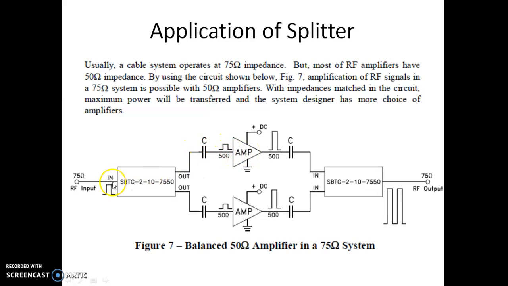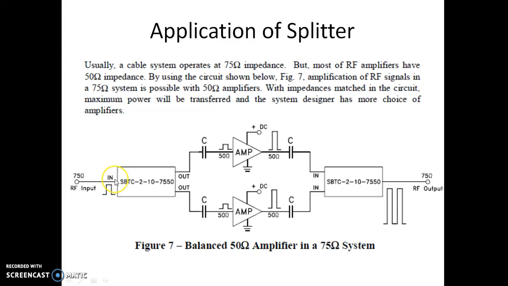So we need to pass it through a splitting circuit whose output impedance is 50 ohm and 50 ohm. Since this is the output of the splitter circuit, whose output impedance is 50 ohm, it can be perfectly matched with this amplifier of 50 ohm here. Now we can say this is 50 ohm, this is also 50 ohm, whereas the RF line is 75 ohm.